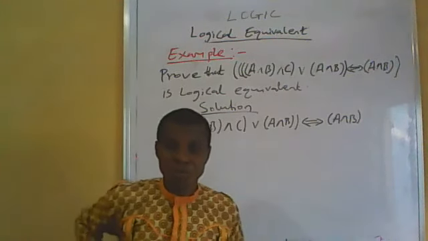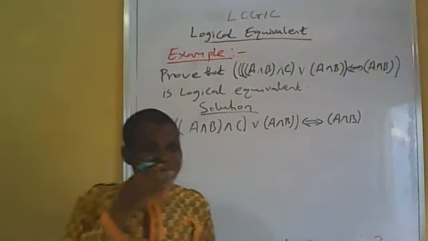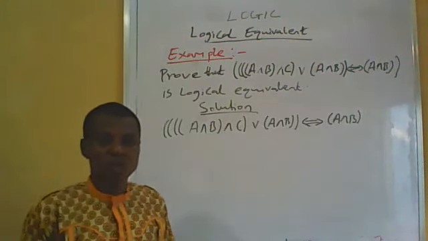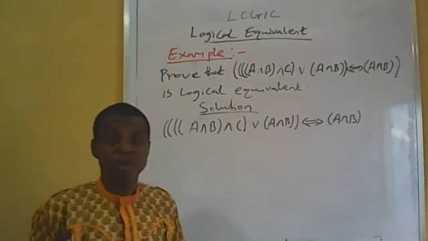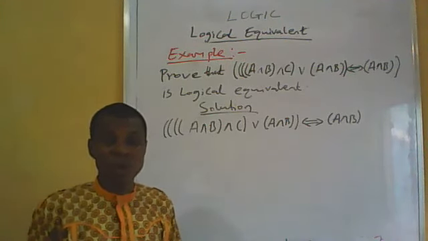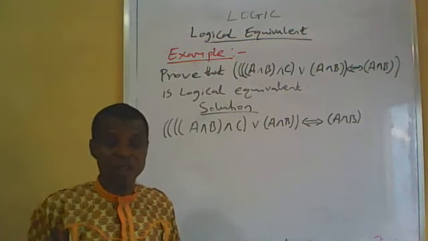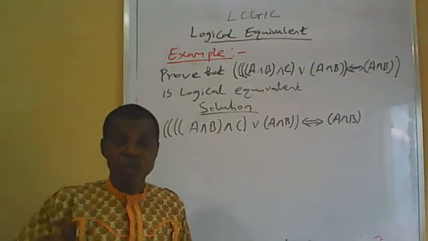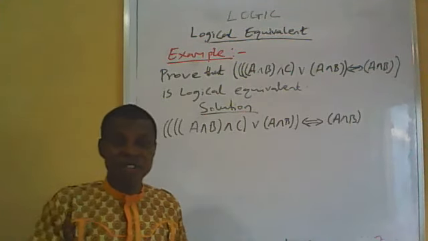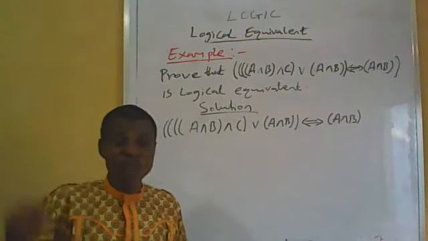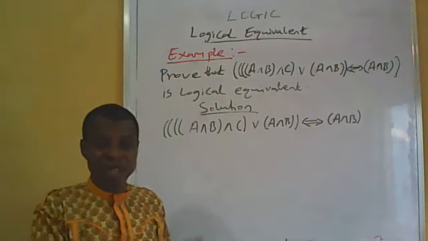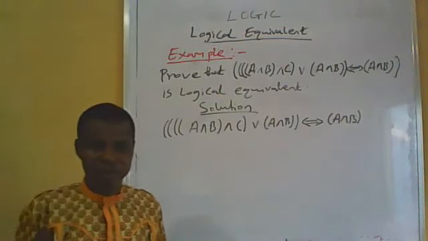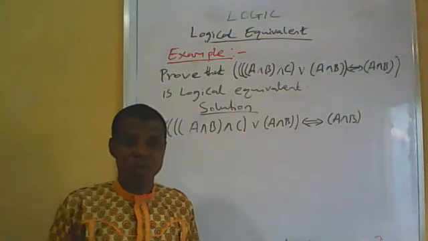First, we have to find the number of ways we can combine our truth values. We use the formula 2 power n, where n stands for the number of simple statements involved in the statement form. Here there are 3, so 2 power 3 is 8.